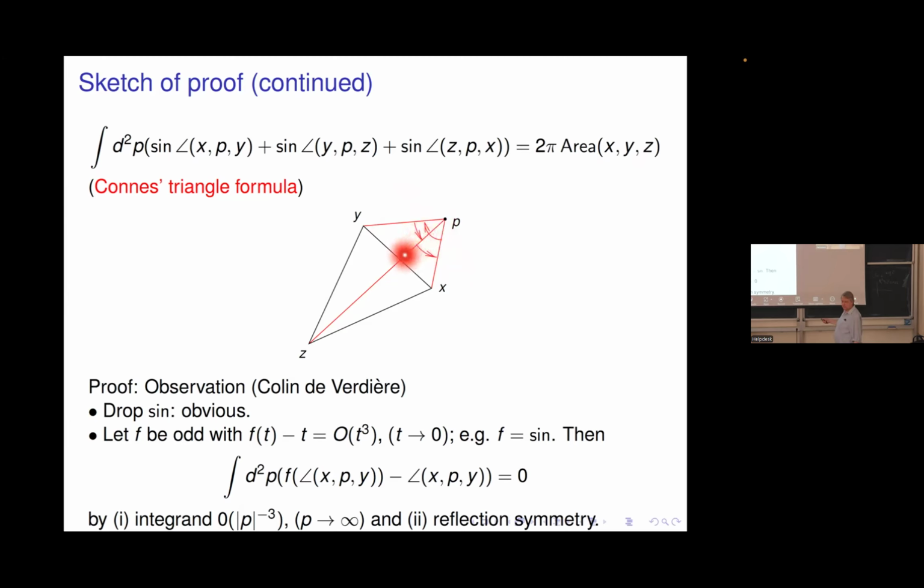But if P is inside, you make a full turn and you get 2 pi. So the whole function takes just two values, 2 pi when you're inside and 0 when you're outside. If the value had been 1 instead of 2 pi, then it would be the characteristic function. Integrating the characteristic function gives the area, and then there is this factor of 2 pi.